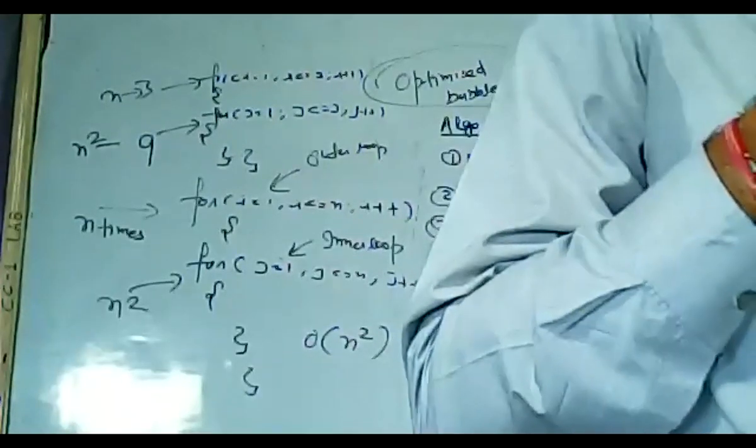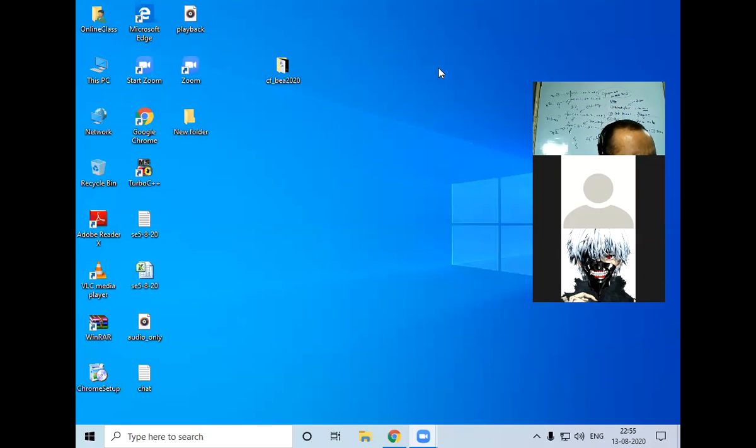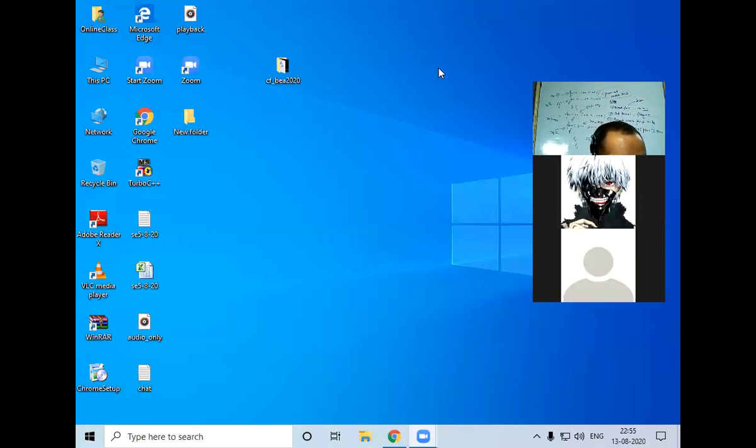Now let us go for the third poll. Third and last poll for today. Into bubble sort algorithm. How many passes are there in bubble sort?